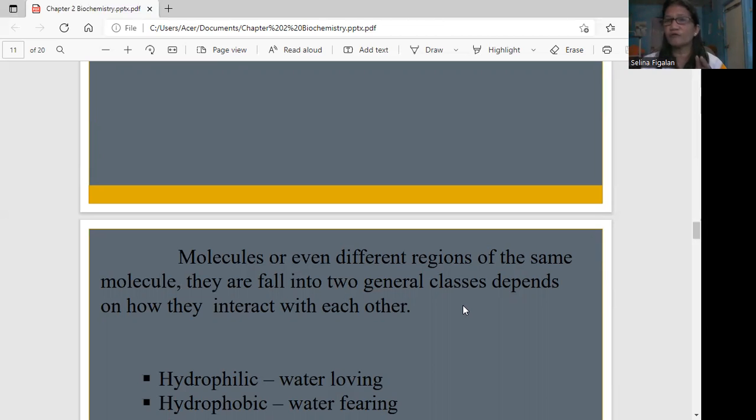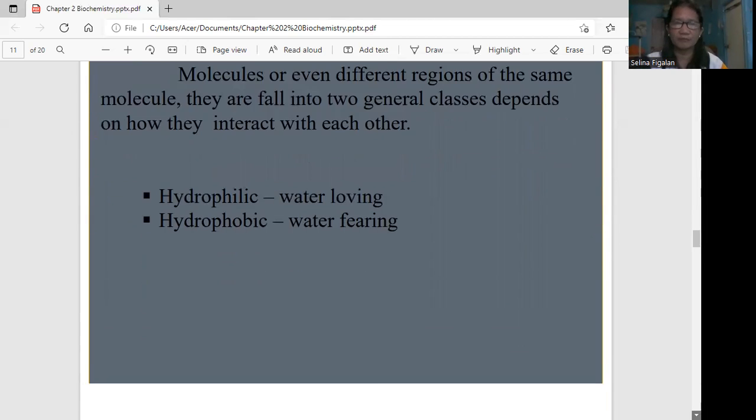There is a side of the cell membrane which pwedeng ma-touch into water, kasi ang ating cell membrane ay meron siyang side na may water content. And the inner side of this ay merong non-water content, which is under the hydrophobic side or water-fearing, which means hindi pwedeng maka-attach doon ang water because they fear it.